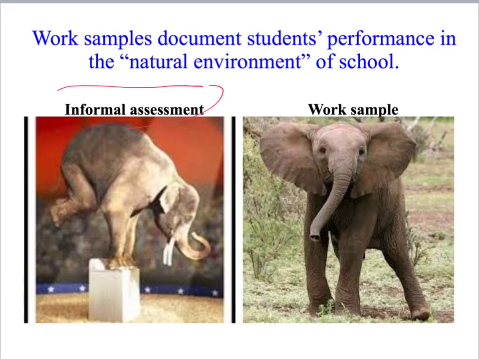It's directed by the trainer, I suppose, and the elephant would never do that out in the wild. That's something that the elephant is being told to do, whereas our work sample, little elephant, is stomping around and swinging her trunk because she's an elephant, and that's what elephants do.